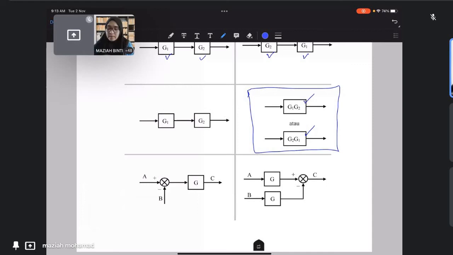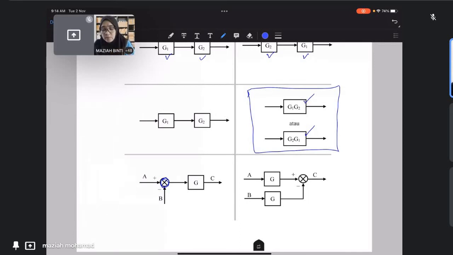Okay, first rule is series block. For a series block, you multiply. Second rule is summation point. Sometimes, due to the summation point, we are not able to solve a series block or a parallel block.